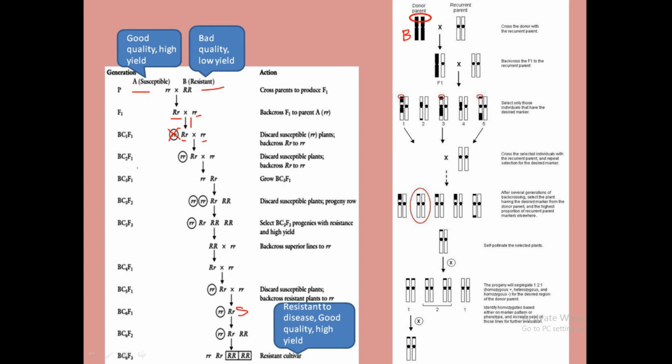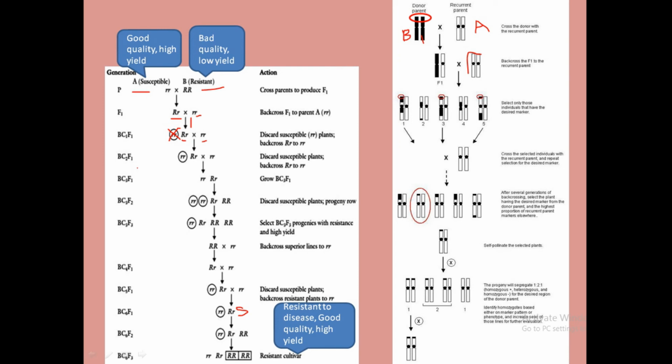It is variety A and it is variety B. So what we want is every gene that is present in variety A, and with that we want this resistant gene to be present in the new hybrid.